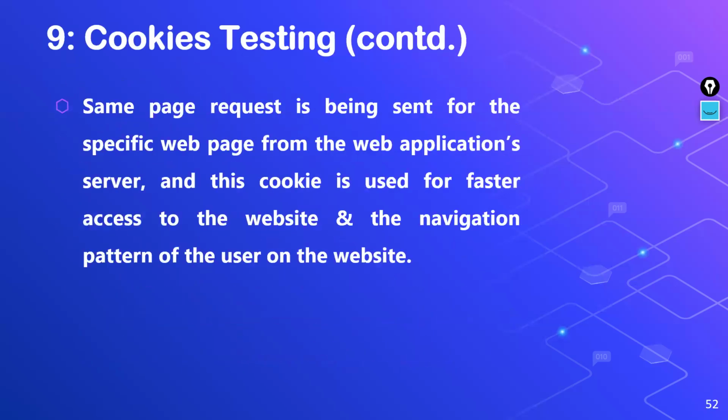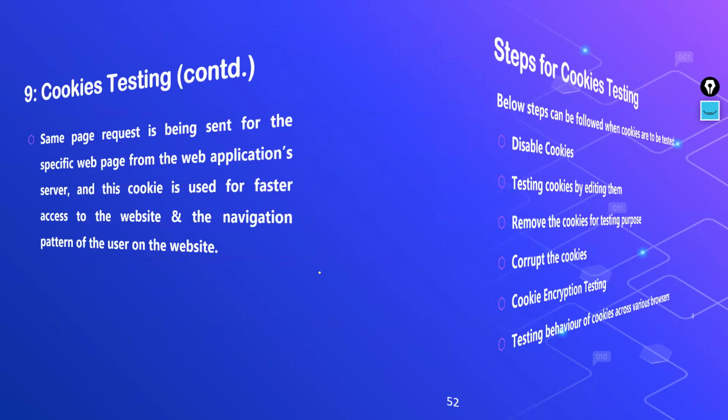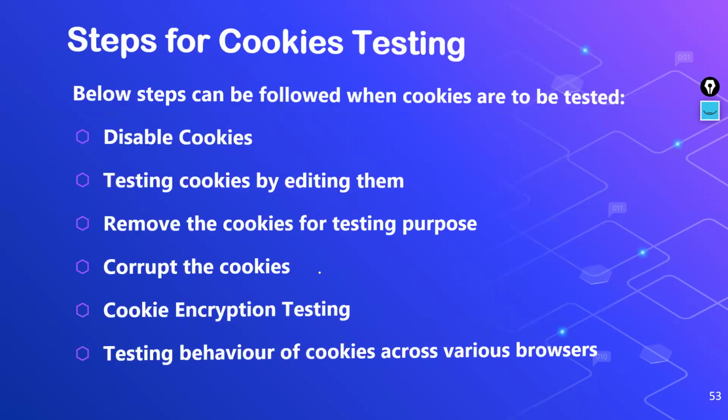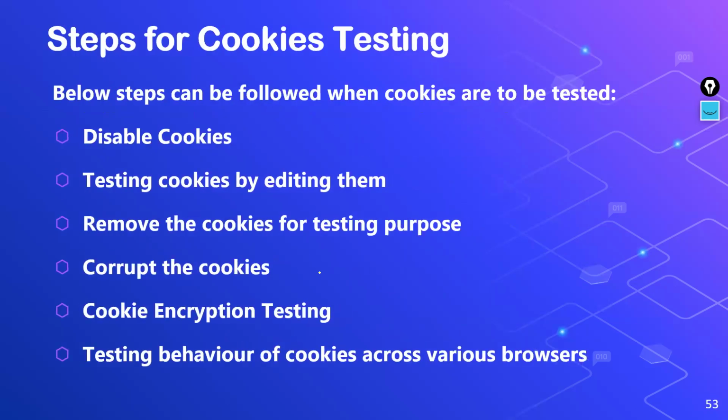Whenever you visit a website, you might have seen a message coming up saying, okay, accept the cookies and all that. These are actually related to performance itself. They make your application go faster, and you can even get the navigation patterns of the users, like how they browse, and according to that, you can cater content to them.